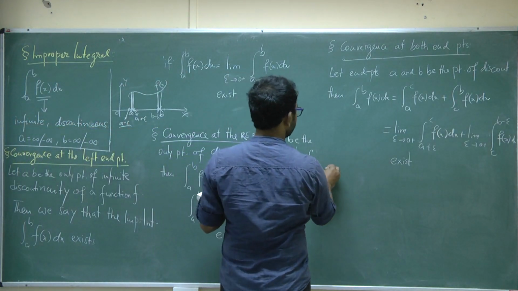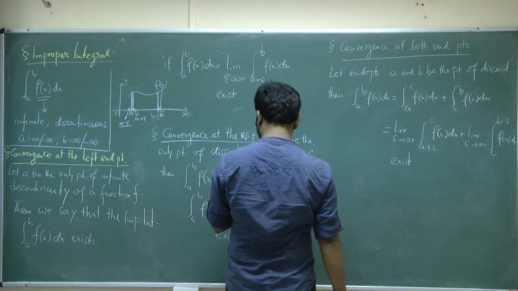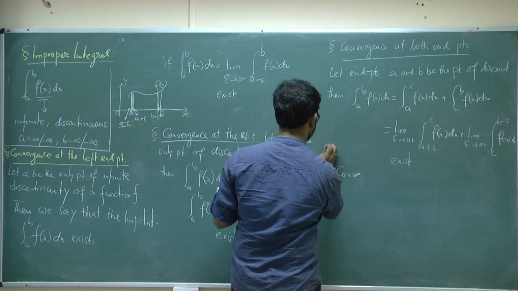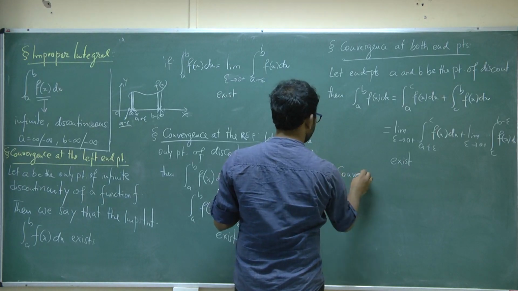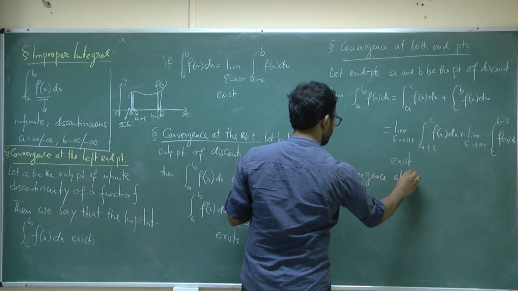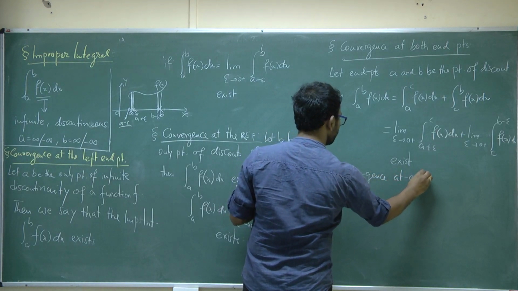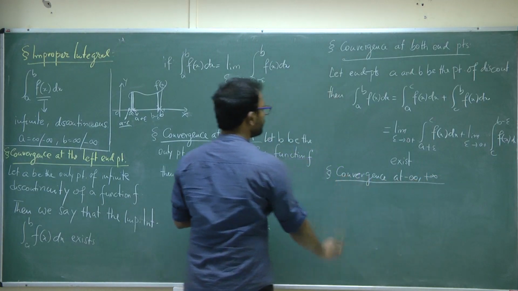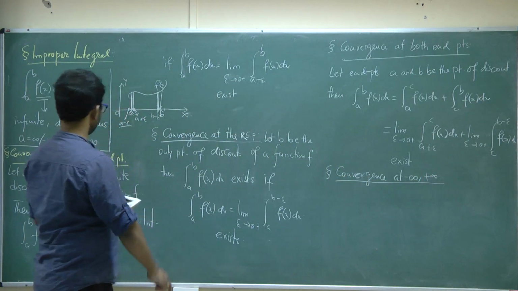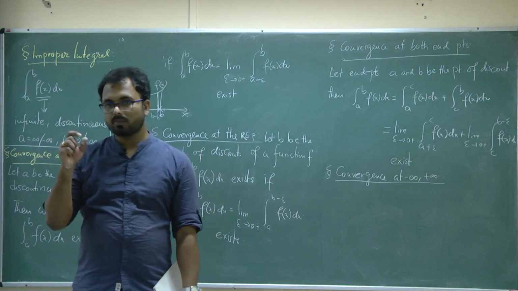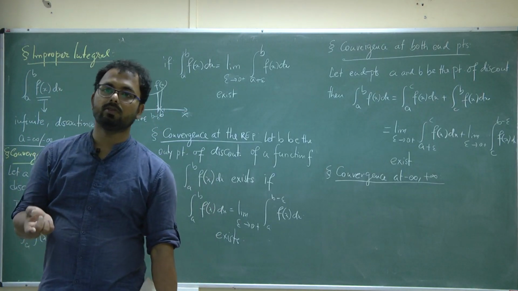Now, the fourth definition is convergence at infinity, at minus infinity and plus infinity. So far, up until the third definition, so first, second and third definition, our points of integration were finite.